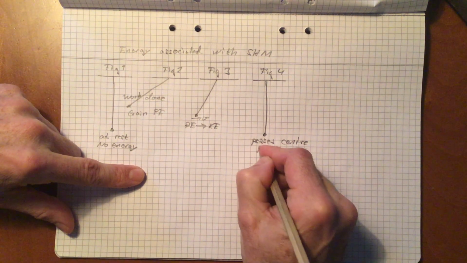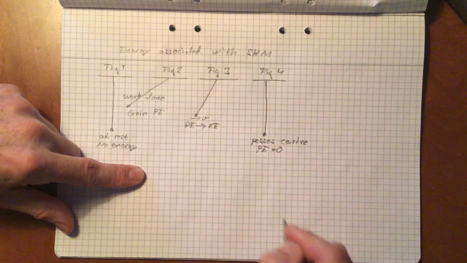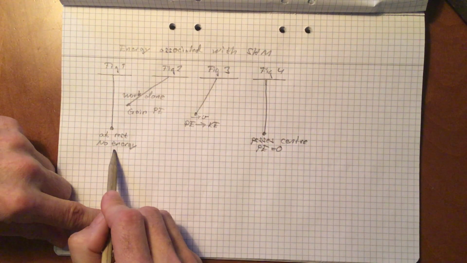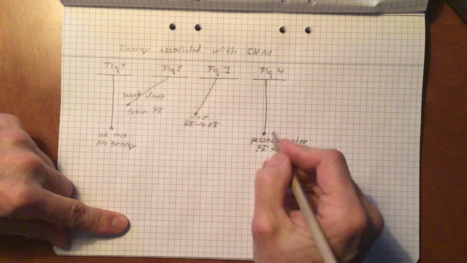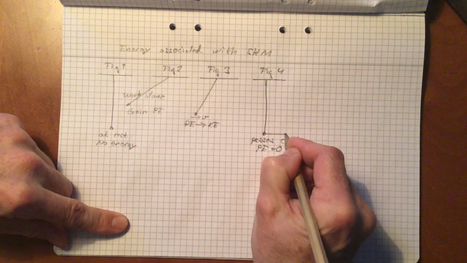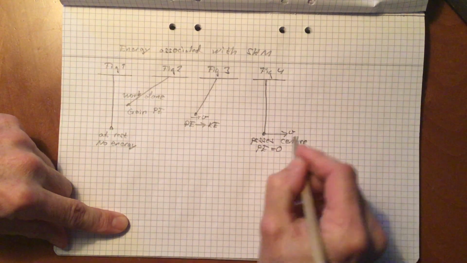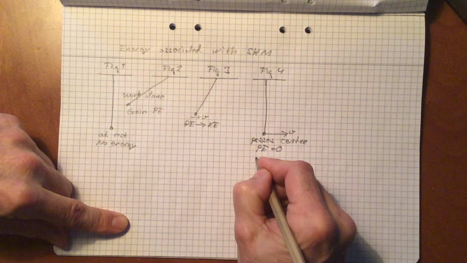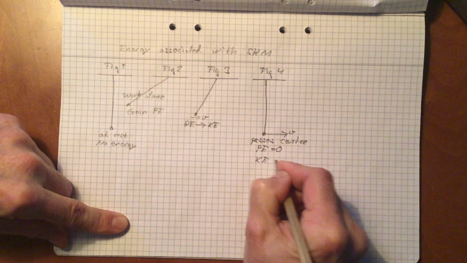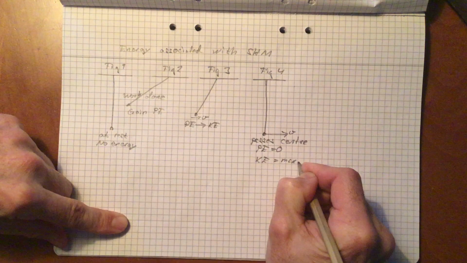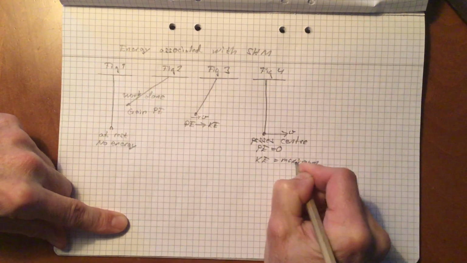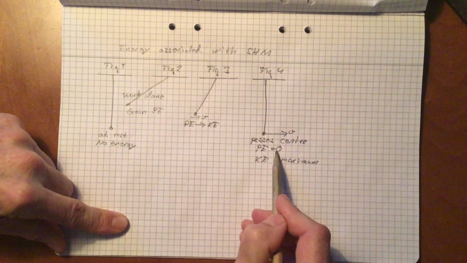So here the potential energy is equal to 0 as it was here. But it has quite a high speed now, at least higher than here. And the kinetic energy is at its maximum because it has lost all the potential energy.